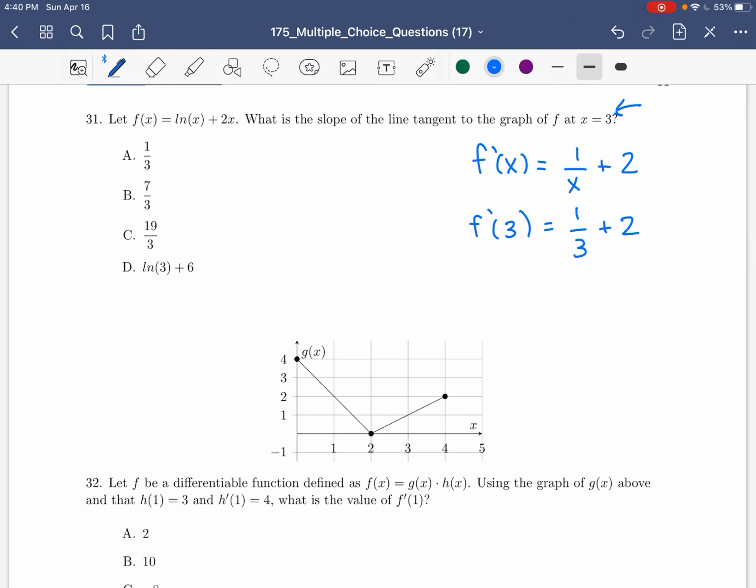So it's going to be 1/3 plus 2. And just because it's 1/3 plus 2, let's go ahead and change this to 1/3 plus 6/3, which we can see equals 7/3, or B.